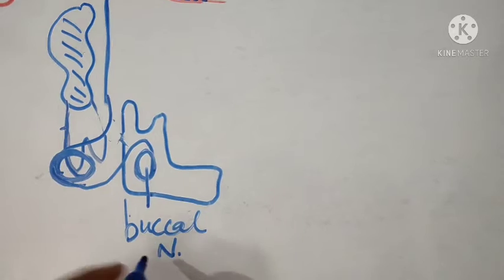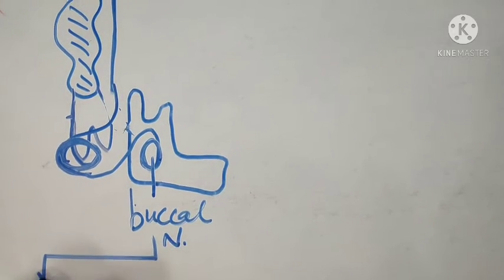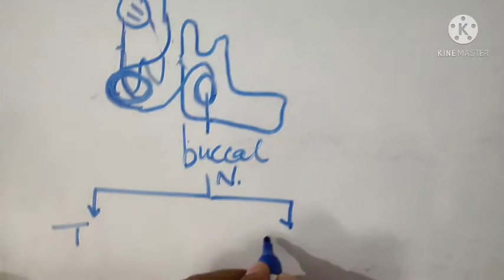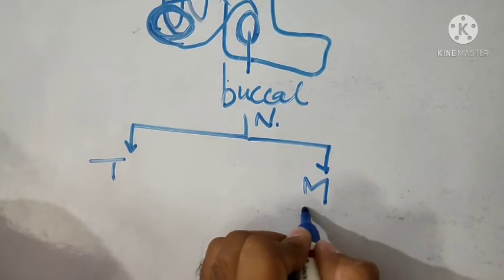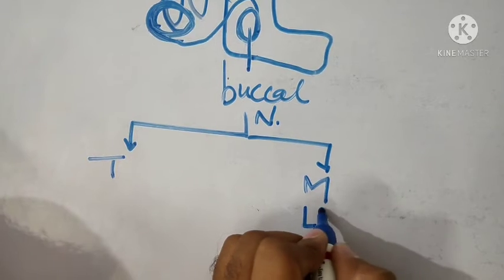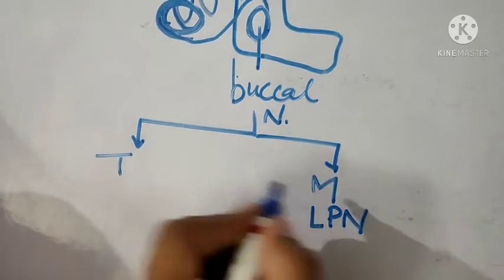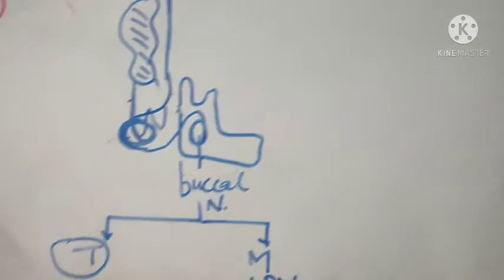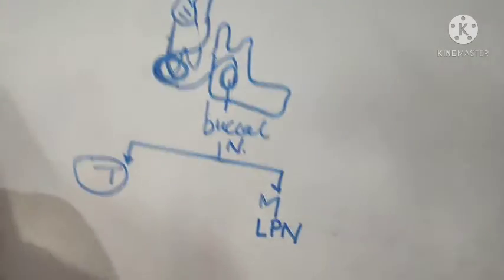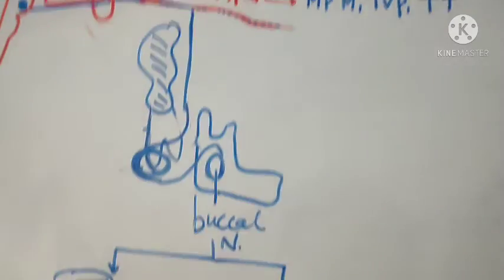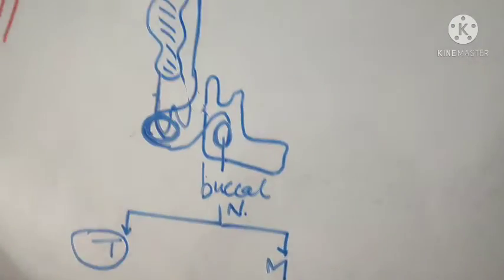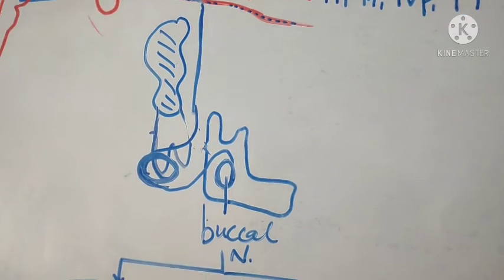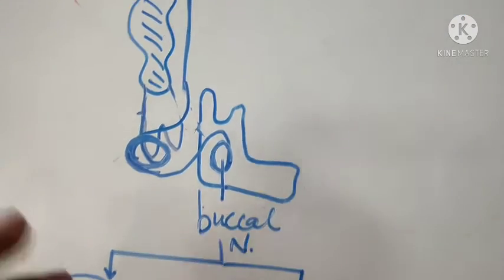Now the buccal nerve divides into two parts: the temporal and the lateral pterygoid nerve. Let's see how it enters and what its course is. I am not going to make a proper diagram, this is just for illustration so that you can understand.